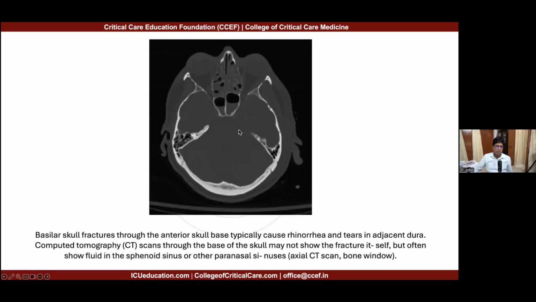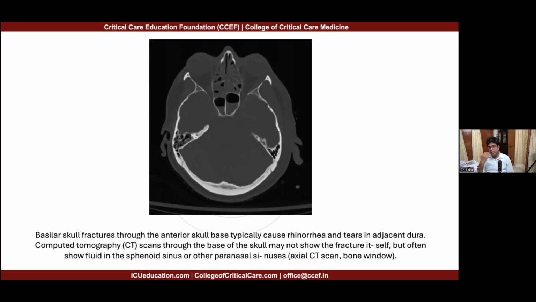Now, basal skull fractures. Obviously, skull fractures are also common at the base of the skull, usually in the frontal bones or in the temporal bones. They are not of much significance, until unless they are very depressed fractures which are hitting the parenchyma.